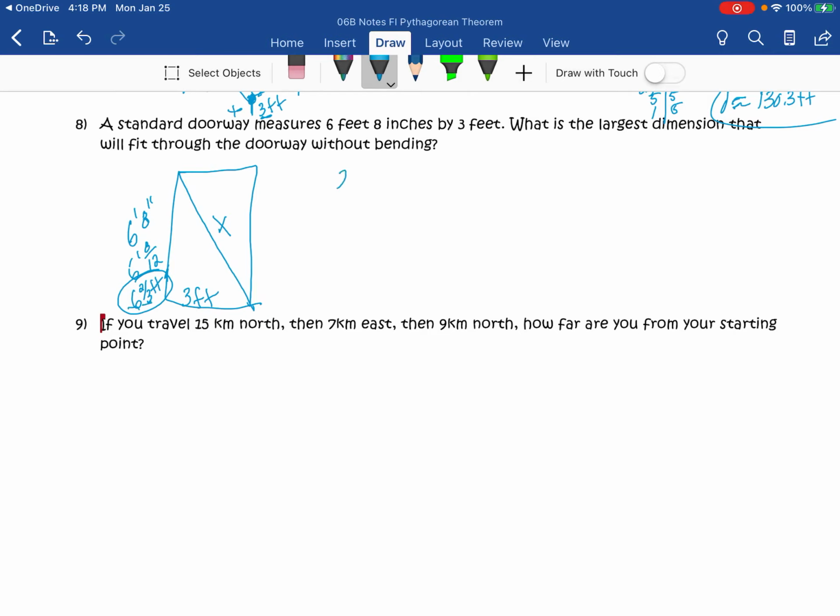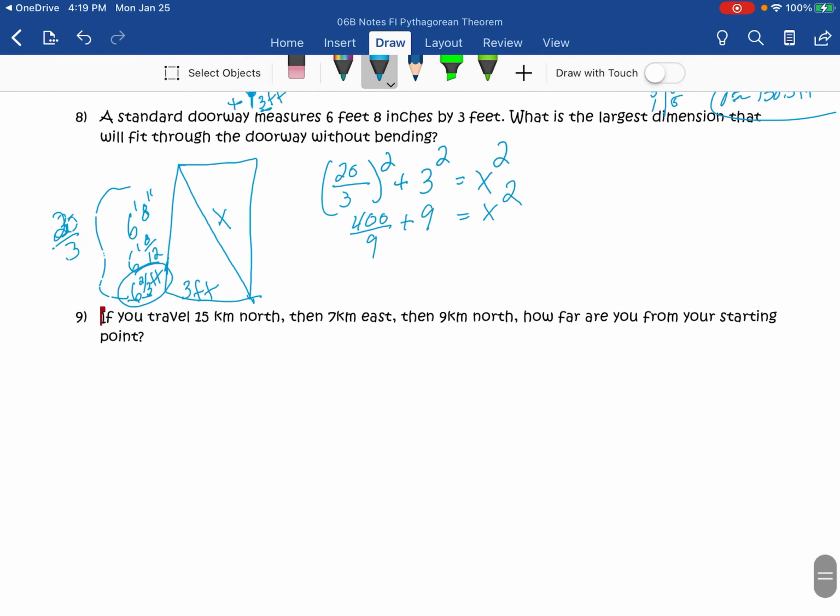3 times 6 is 18, so it's 20, so this whole side is 20/3. So it's going to be 20/3 squared plus 3 squared is equal to x squared. So 400/9 plus 9 is equal to x squared. 400/9 plus 81/9 is equal to x squared. 481/9 is equal to x squared.